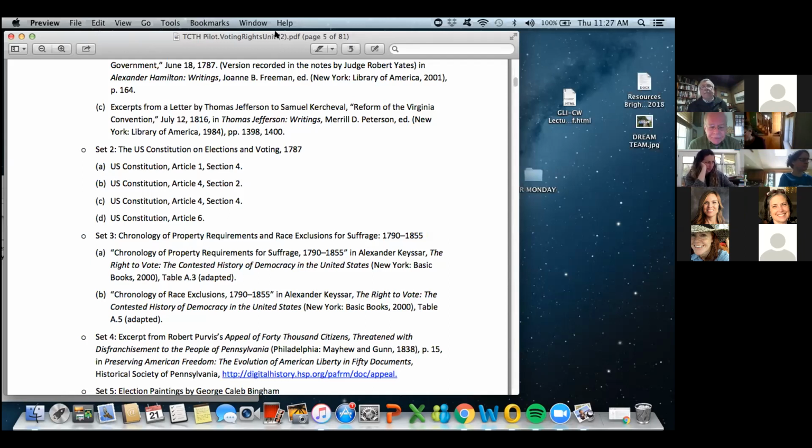This is an instance in the state of Pennsylvania where African Americans initially had the right to vote, and then with the revisions of the state constitution, they lost it. It is a very poignant document because it demonstrates an African American gentleman saying, we are people. We live in York in our community together. We had the right to vote, and now we have lost the right to vote.